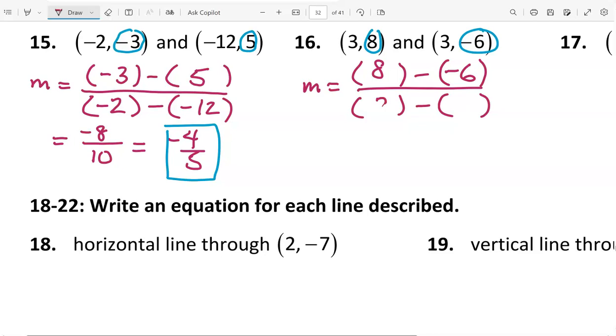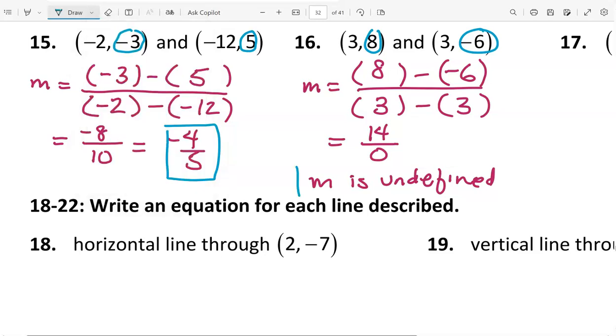And on the bottom of the fraction, subtract the x's, 3 minus 3. 8 minus negative 6 is 14. 3 minus 3 is 0. And 14 divided by 0 is an undefined result. So the slope of this line that goes through those 2 points is undefined.